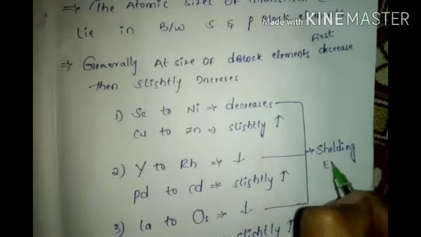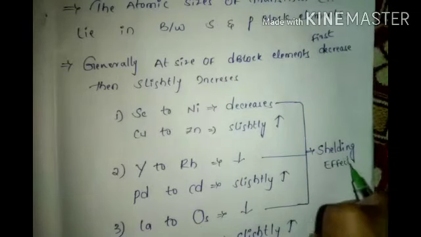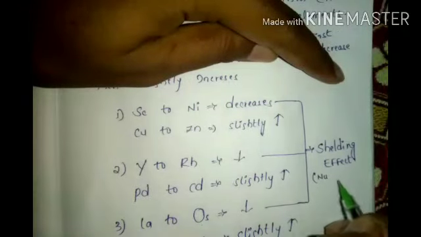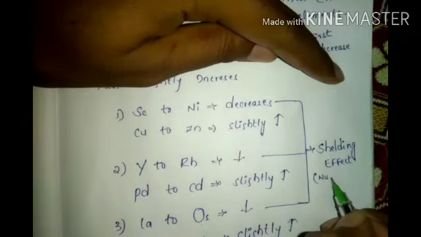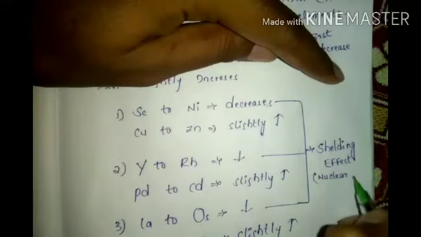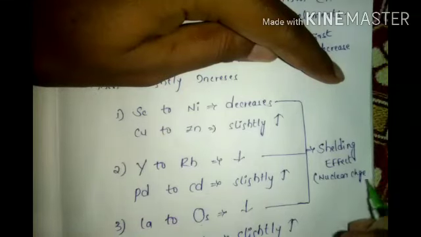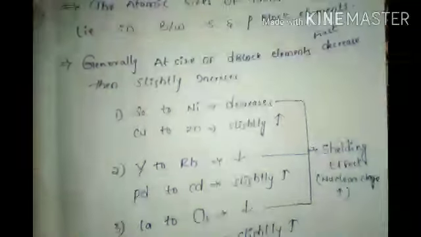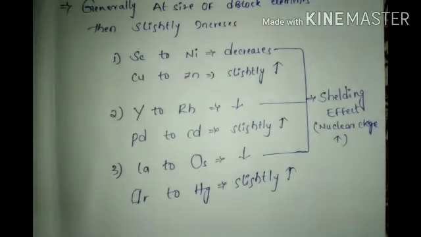Shielding means addition of new electrons, and nuclear charge increases. I will take it again separately. Where it decreases, there the shielding effect increases because nuclear charge increases.